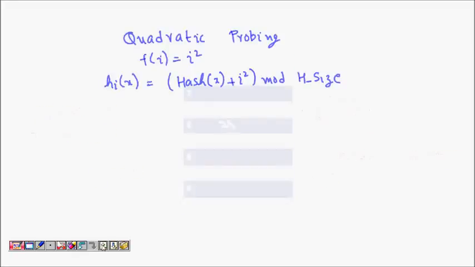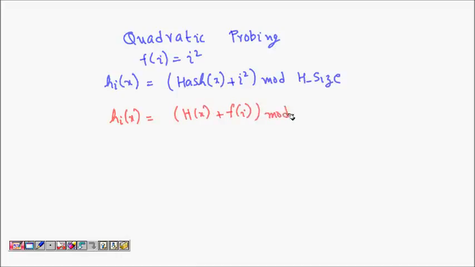It will be given by h_i(x), which is hash of x plus some function f(i). This is the closed hashing system. Here f is a function, and we are now using quadratic probing.